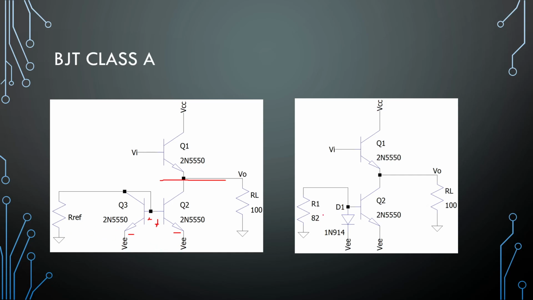Right, you can do the same using a diode, but it is sometimes tricky to match these because the saturation current of this diode needs to be the same as the transistor. Okay, their surface areas need to be the same.